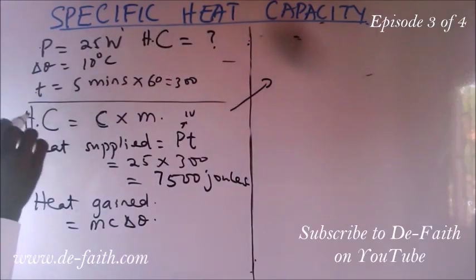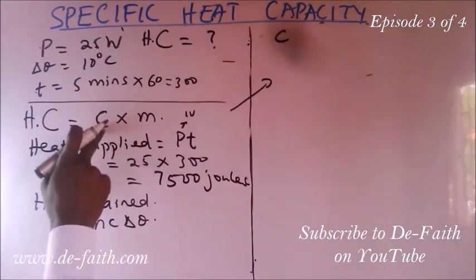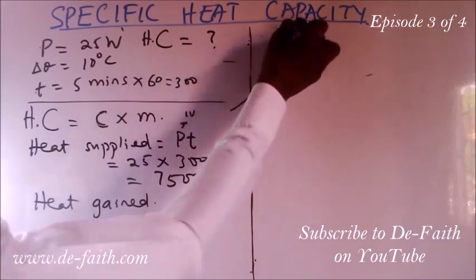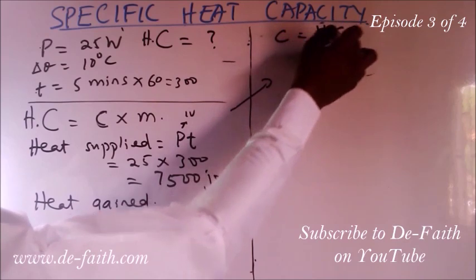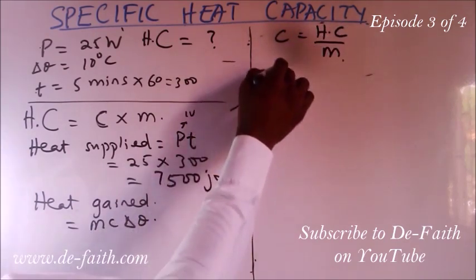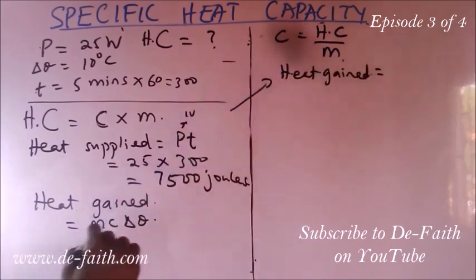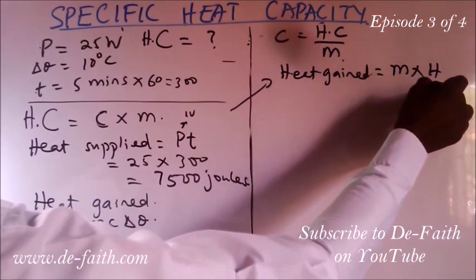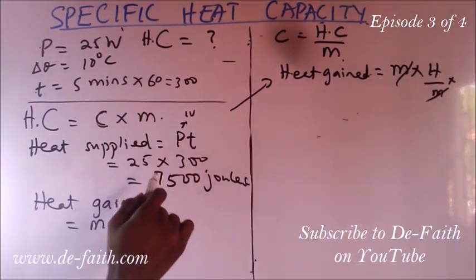We'll take this one as the heat capacity. From here, we could make the specific heat capacity the subject by saying the small c equals heat capacity over m. Now let's substitute that into this equation, and we'll have heat gained equal to m times the heat capacity over m times the change in temperature.